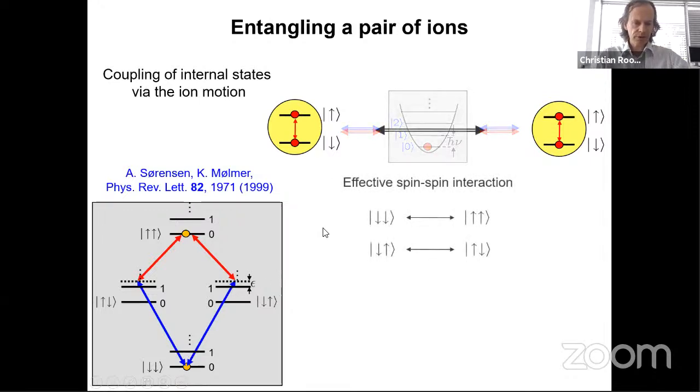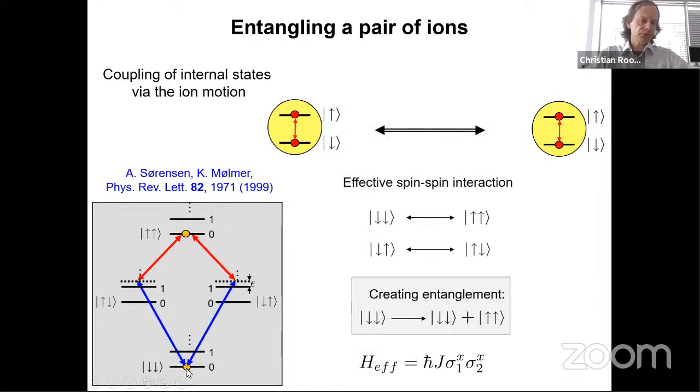And in that case, you can see that we have a kind of 2 ion, 2 photon transition that coherently couples the spin down to the spin up state in the case where this coupling strength here is not too big. So we can then calculate in second order perturbation theory a coupling strength, and then treat this process here in an effective way as a coupling between spin down and spin up.